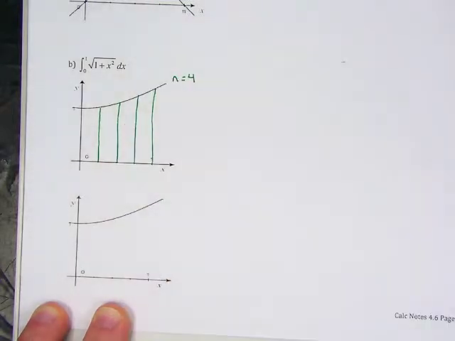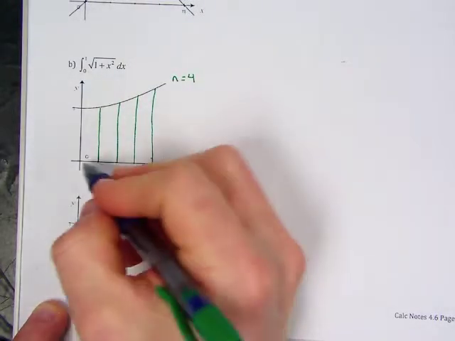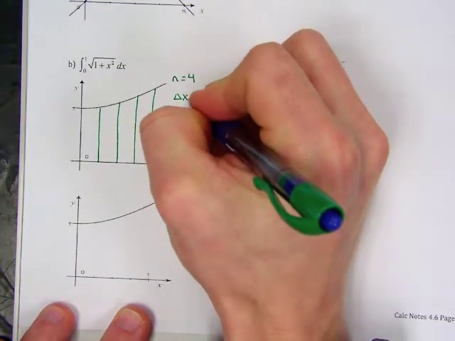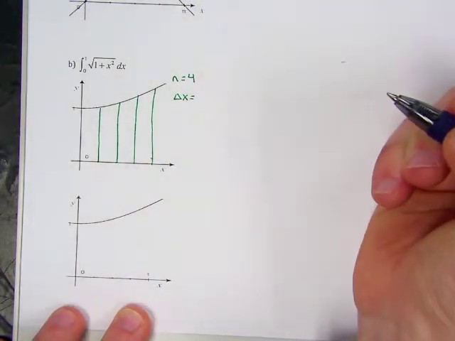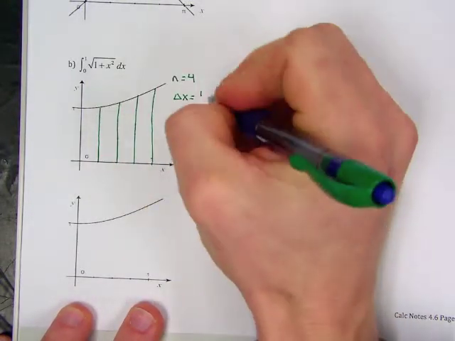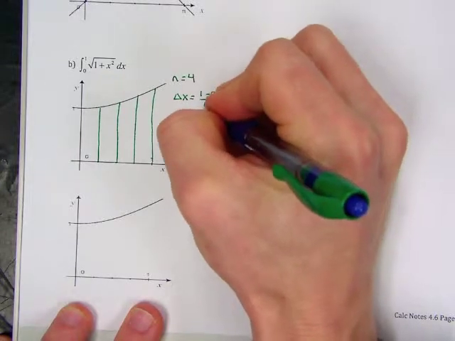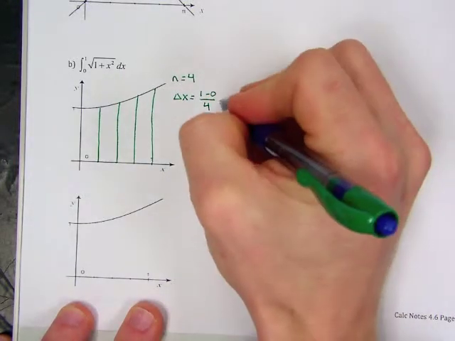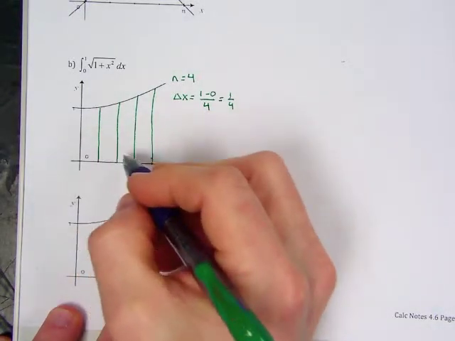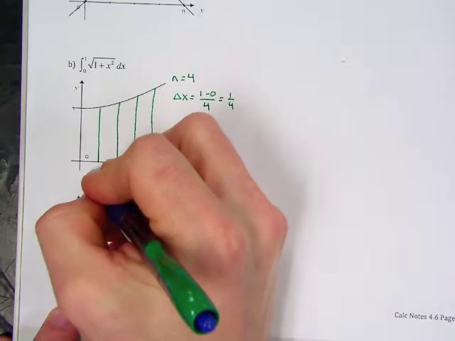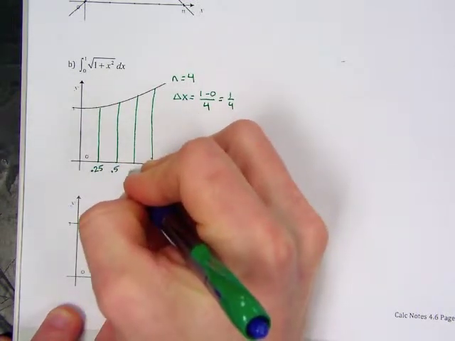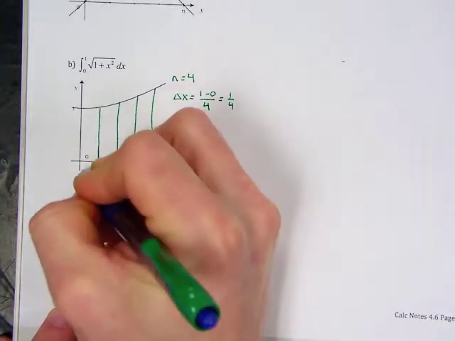If we split this into 4 equal intervals, delta x is going to equal 0.25. We're going to do the limits of 1 minus 0 over the number of subintervals, 4. So it's 1/4 or 0.25 either way. So now you actually have 0.25, 0.5, 0.75, and 1. And don't forget our 0 here.